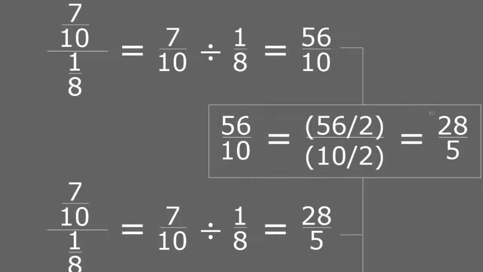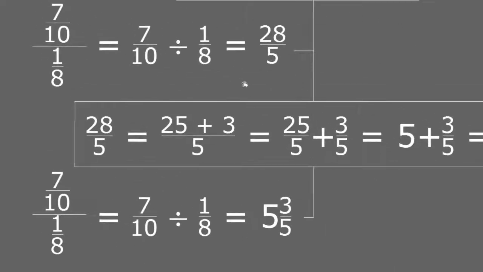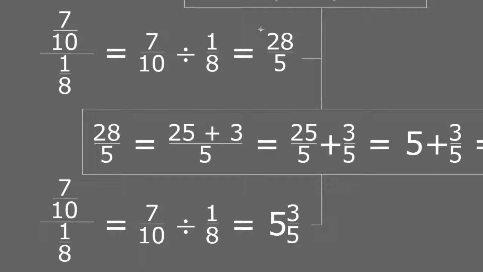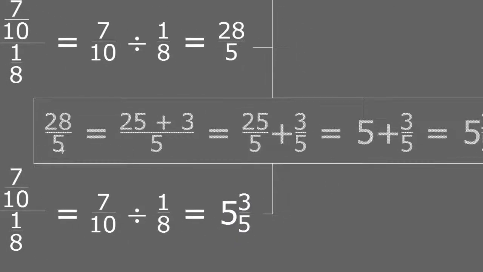I have a number in the numerator larger than in the denominator. Let's change that to a mixed fraction or a mixed number. So here we see 28 over 5 equals 5 3/5. How did we get there? Well, 28 over 5 equals 25 plus 3 over 5. And I separate this fraction into 25 over 5 plus 3 over 5.